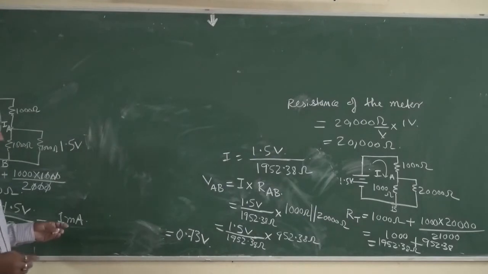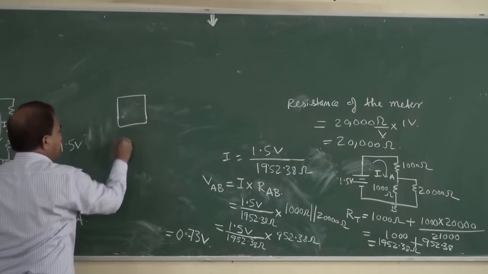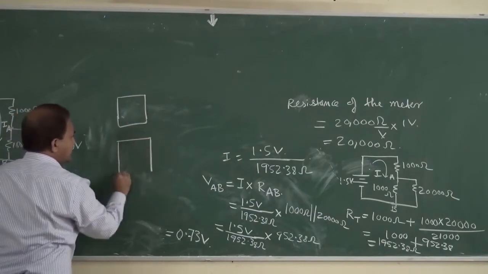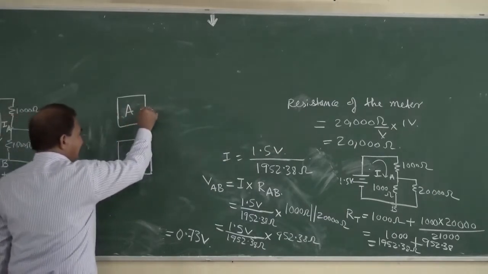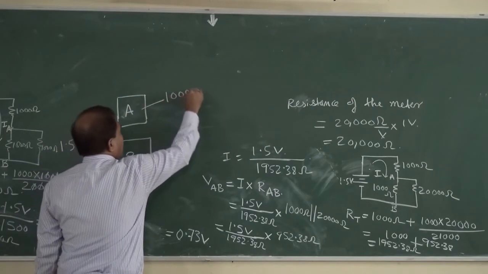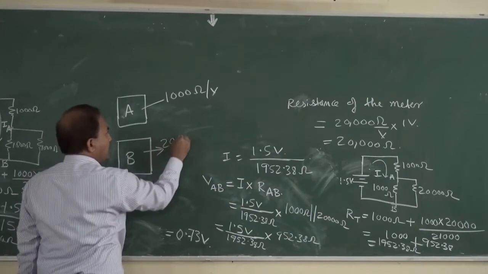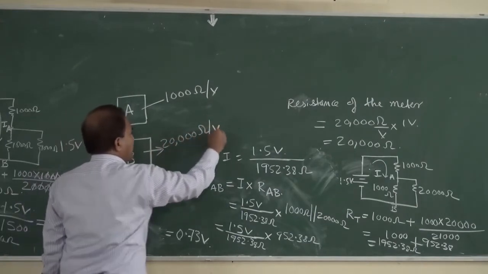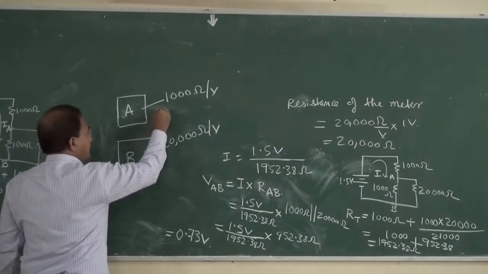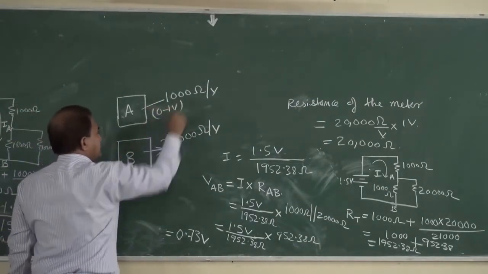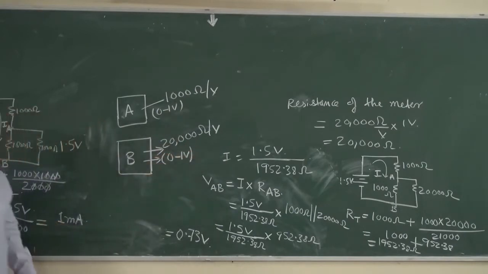So we can see that two multimeters have been used, multimeter A and multimeter B. Multimeter A has a sensitivity of 1000 ohms per volt, and multimeter B has a sensitivity of 20,000 ohms per volt, and both multimeters are used for the 0 to 1 volt range. The knob is at the 0 to 1 volt range.